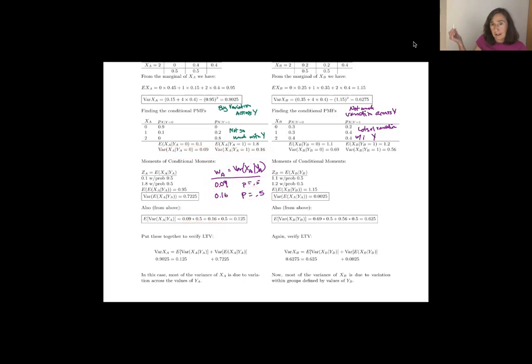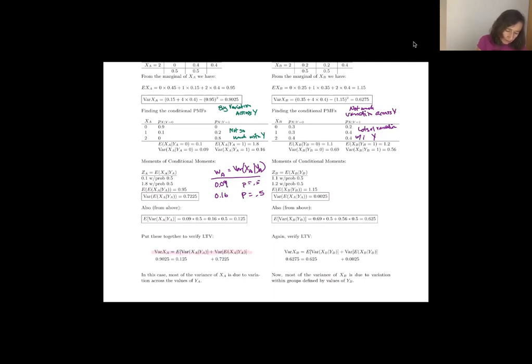If we wanted to go crazy, we could calculate its variance too, but praise the Lord, there's no variance of the conditional variance in this expression to worry about, so we don't need to do that. But what we have now is the three components of the law of total variance.